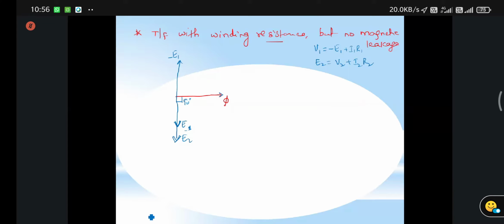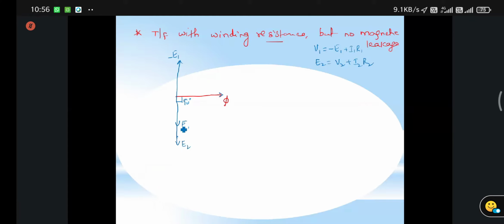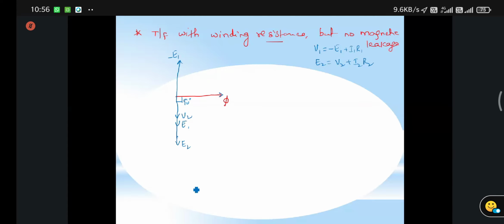Assume V2 in a particular direction here, because we are discussing a unity power factor load.